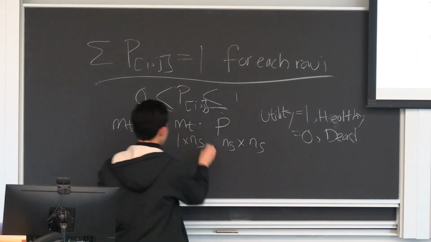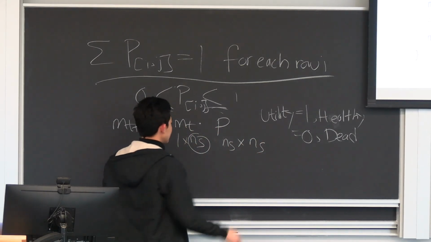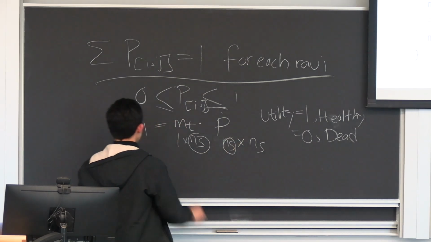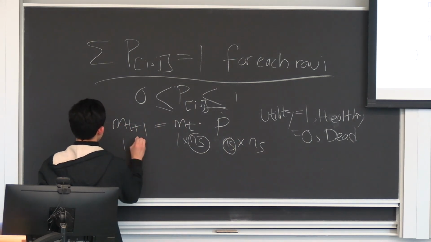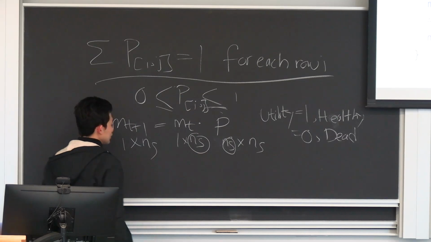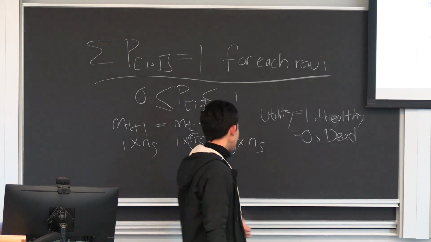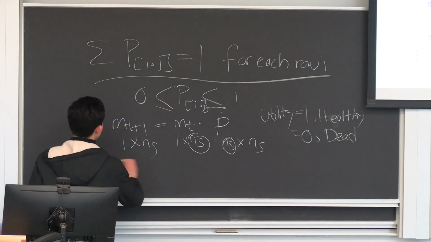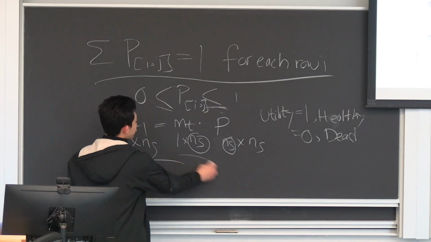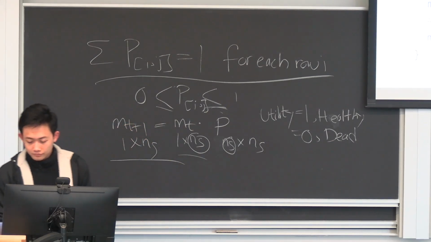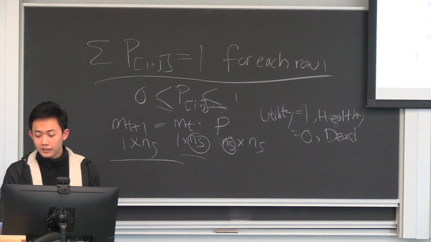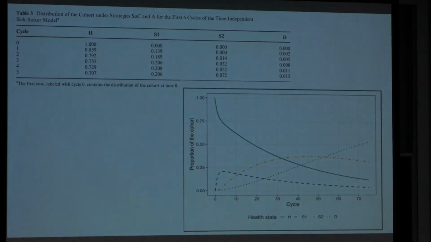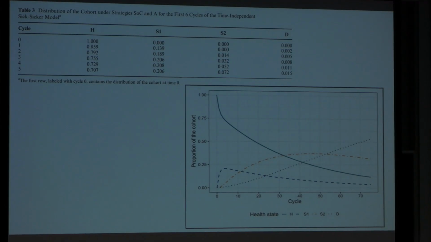So the columns match, and the result is always 1 by ns. So this equation is valid because the dimensions match, and we get the distribution of the cohort.